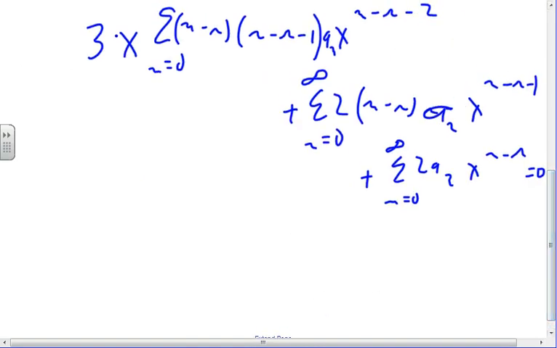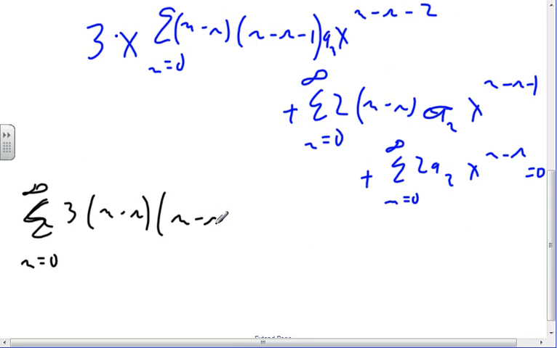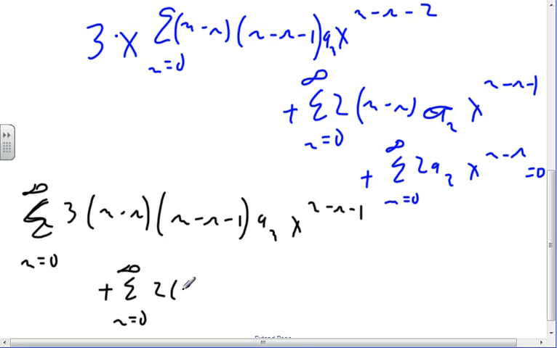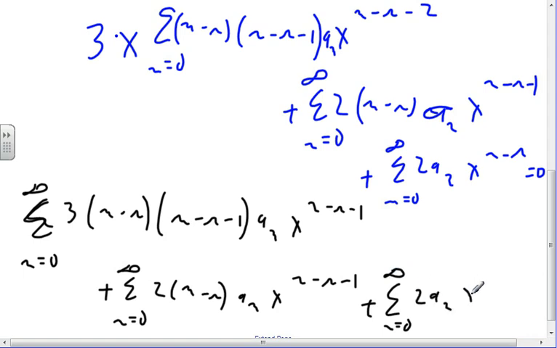Okay. We bring in that term, summation n equals 0 to infinity, 3, n minus r, n minus r minus 1, an x to the n minus r minus 1, plus summation n equals 0 to infinity, 2, n minus r, an x to the n minus r minus 1, plus summation n equals 0 to infinity, 2an x to the n minus r equals 0.